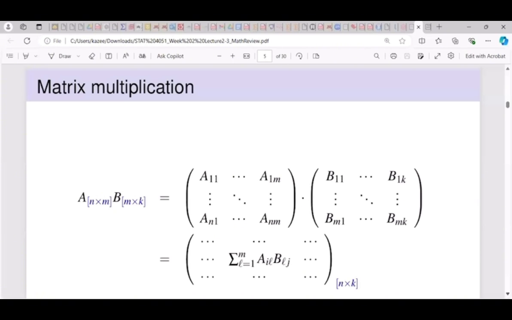The approach will involve multiplying matrices, and that is the reason why we need to understand the mathematics around multiplying matrices together. Imagine we don't know how to do that. There's not going to be a way to perform our statistical analysis and get results.